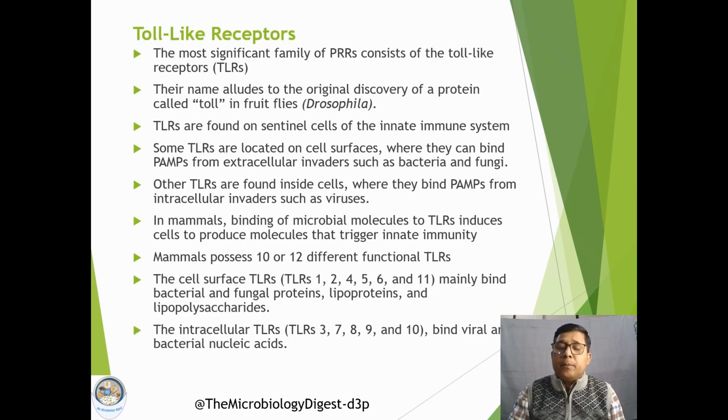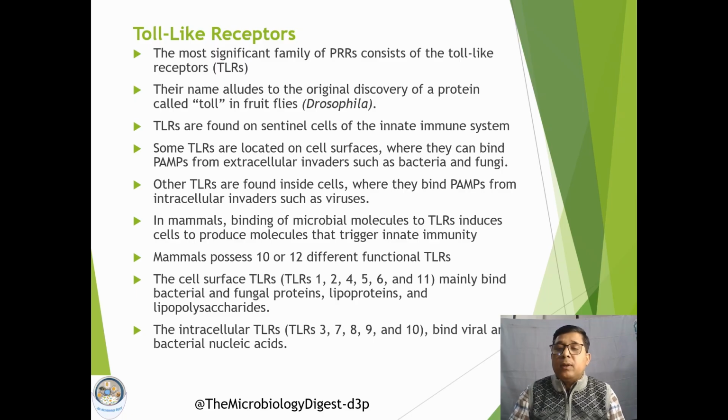Next, what are these pattern recognition receptors? One very important example of pattern recognition receptors is toll-like receptors, or in short TLRs. These are the most significant family of pattern recognition receptors. Their name comes from the original discovery of a protein called toll in fruit flies.